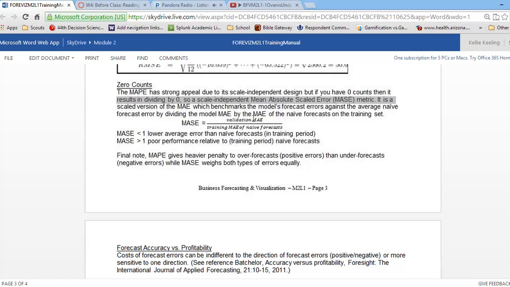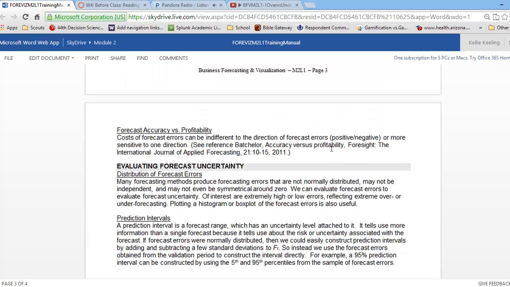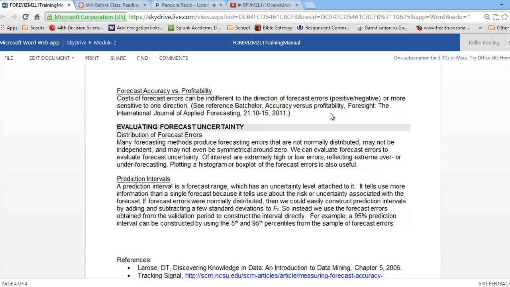So instead of the actual value in the denominator, we look at the training mean absolute error of the naive forecast. So it's kind of interesting. It gives us a benchmark based on what the naive would be doing in order to figure out how well it works. So again, we'll play with these in an example so you can see how all these are calculated.